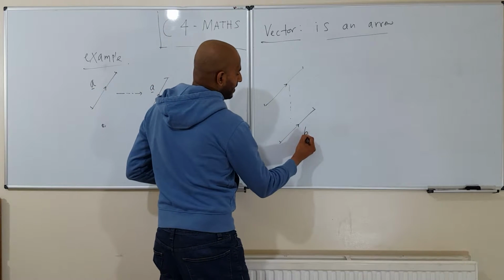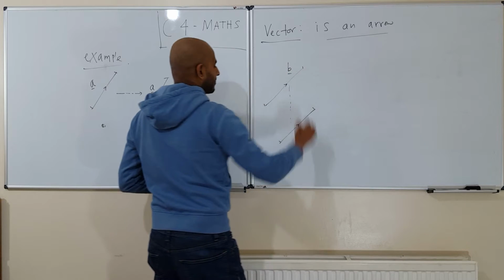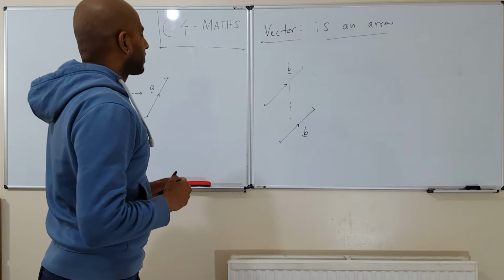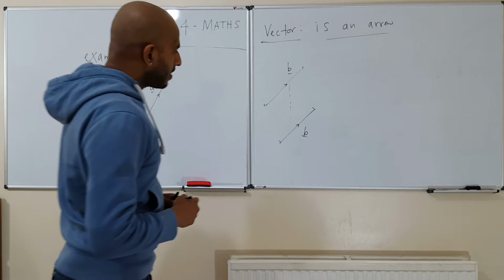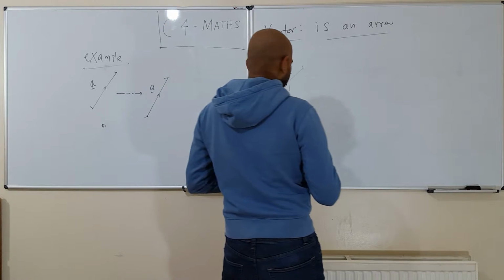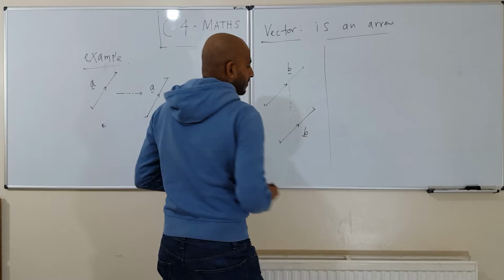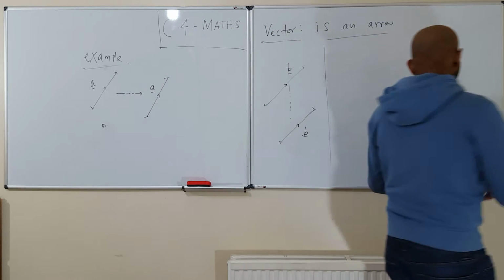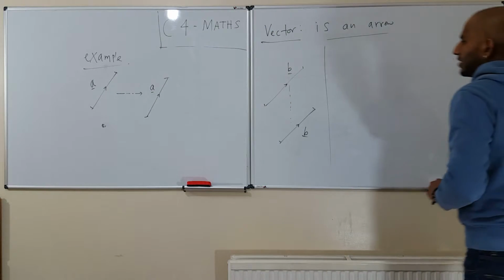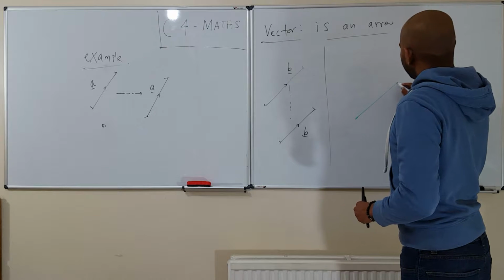Let's say that's a vector B. That's also vector B. Or we can do a bit of both. Let's say we have a vector like that.